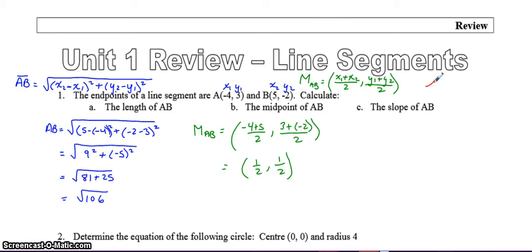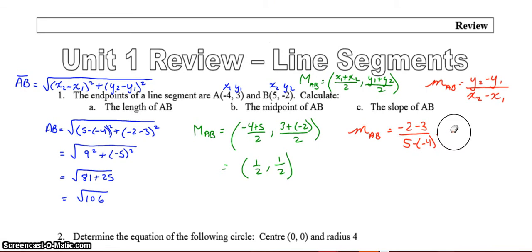Lastly, slope uses a little m with a subscript AB, and that is y2 minus y1 over x2 minus x1. So the slope of AB is negative 2 minus 3 over 5 minus negative 4.